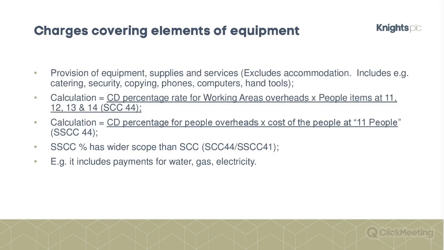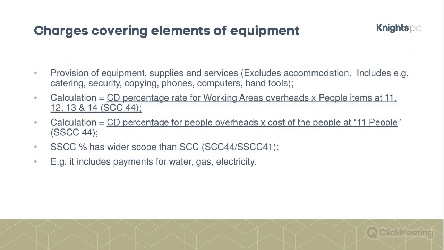Having said that, obviously every little helps, and if you don't claim it, it's going to be eating into your profit. It excludes accommodation, as we've already seen, site cabins, but it does include these other miscellaneous things: photocopying, telephones, computers, small tools.